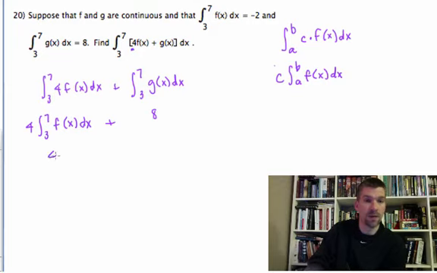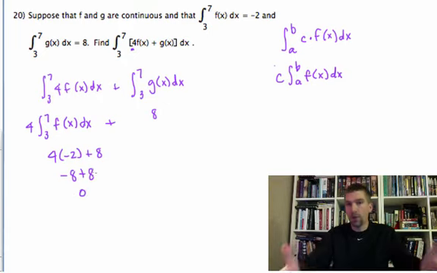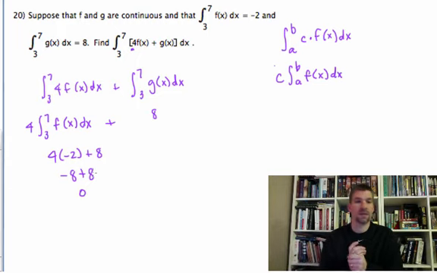So basically I'm working 4 times negative 2 plus 8, and negative 8 plus 8 is a big ol' 0. Even though this one equals 0, they don't all equal 0. This one just happens to turn out this way, but it's really no more difficult than a constant times your function, and then just adding up all the little integrals together.